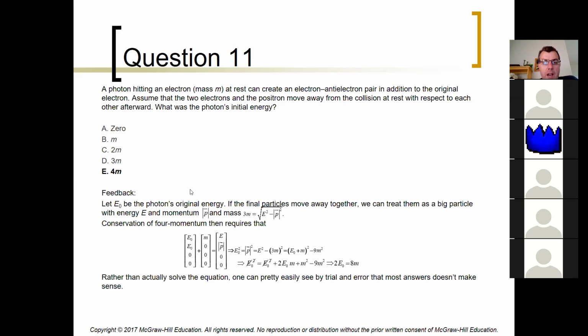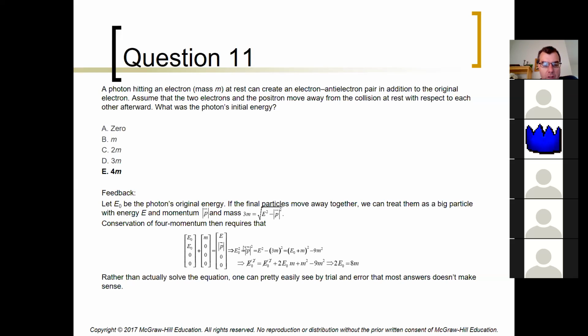So initially we've got a photon with energy E naught, and we had a particle with mass m, and the momentum of the photon was also E naught, and the momentum of the electron was 0.